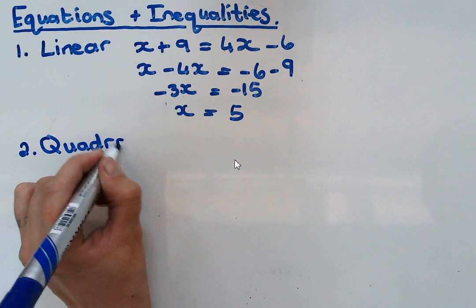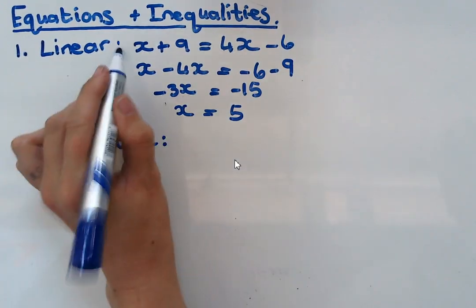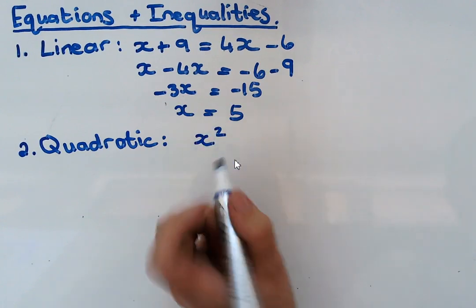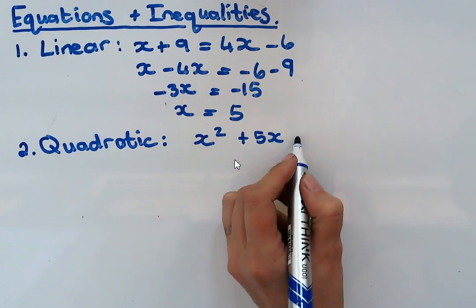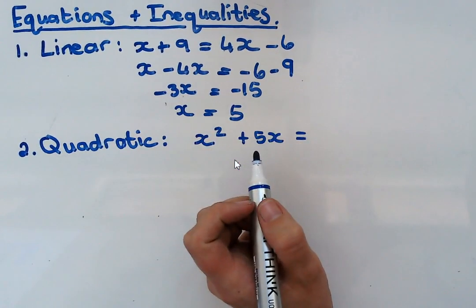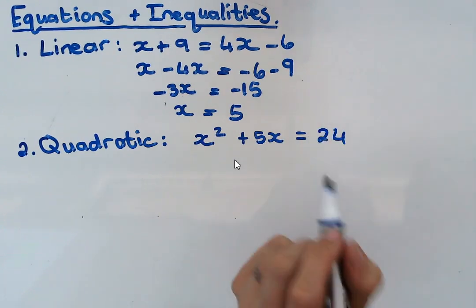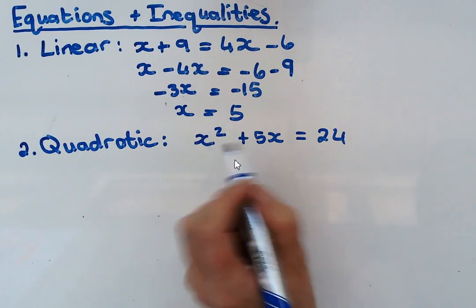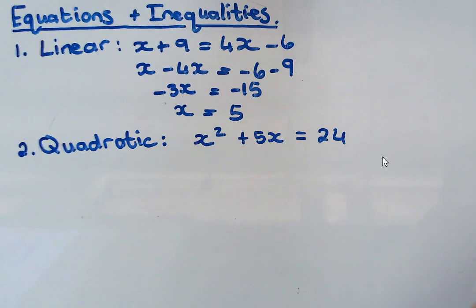It's quadratic. Right, quadratic is when there is a x squared in the equation. X squared plus 5x is equal to 24, say for instance. Okay, right, so when I have a quadratic, there can also be a x in here, but there's also a x squared.